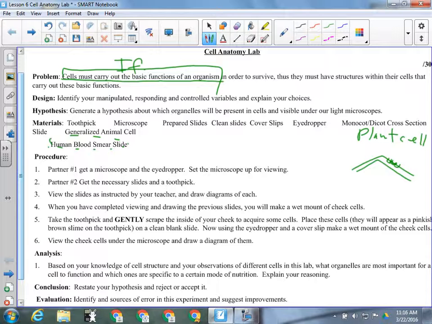What are some of the structures you think all the cells you look at will have? And maybe what are some that are specific, maybe only to plants and animals? Tell me which ones you think will be there. Which ones are you realistically going to be able to see? You're not going to see ribosomes, so you might as well not even bother listing them. They're going to be too small. You're not going to see them.